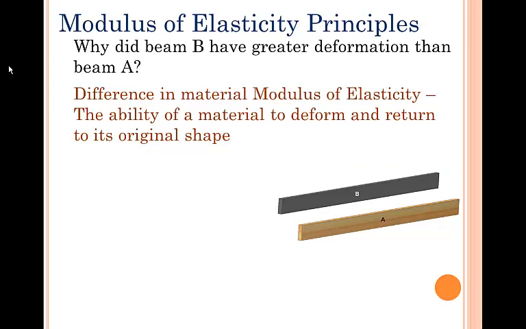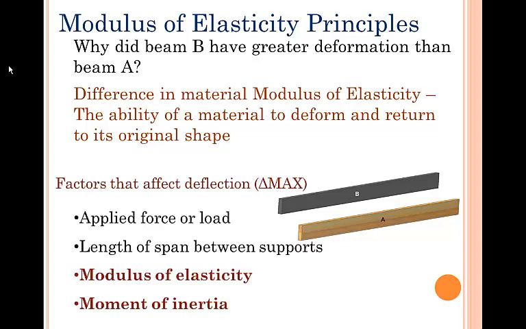It's the difference in the modulus of elasticity, and that's the ability of a material to deform and return to its original shape. So some things that affect how much something is going to deflect are the applied load, the span between the supports, the modulus of elasticity, and the moment of inertia. Everything was identical on these two beams except the modulus of elasticity.